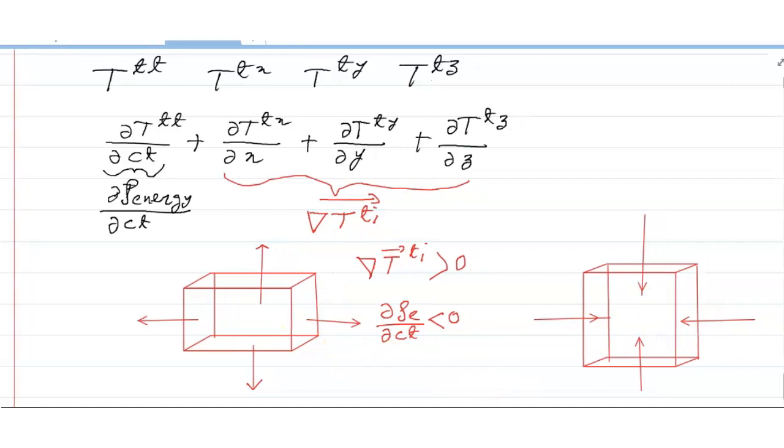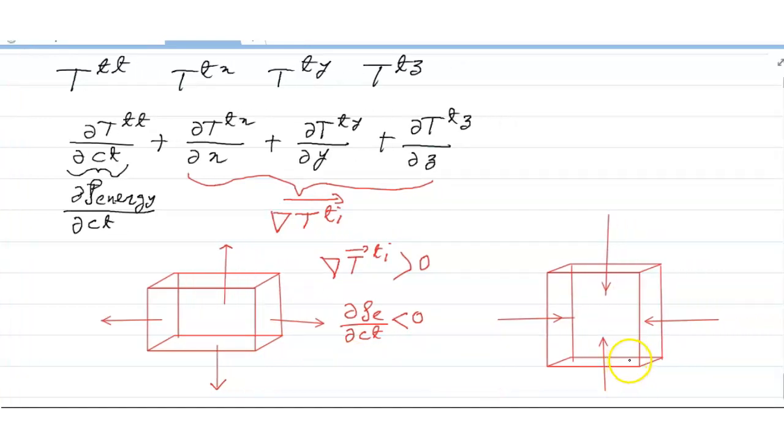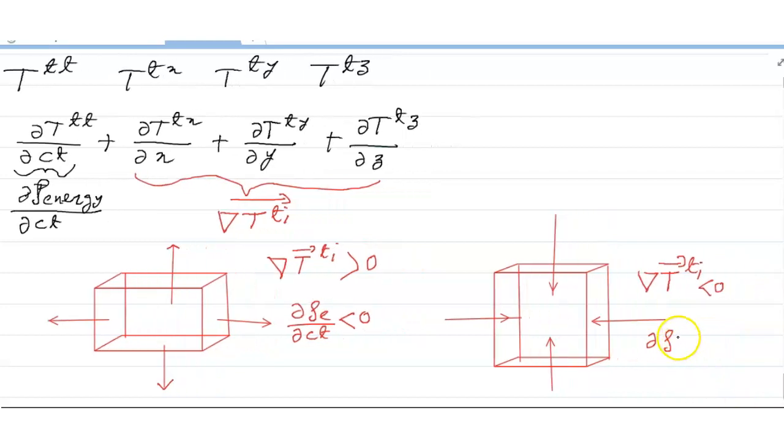If the energy is flowing into the box, the energy density must increase over time. So del T^{0i} is less than 0 and del rho e divided by del ct is greater than 0. So friends, here you see that energy is flowing into the box.